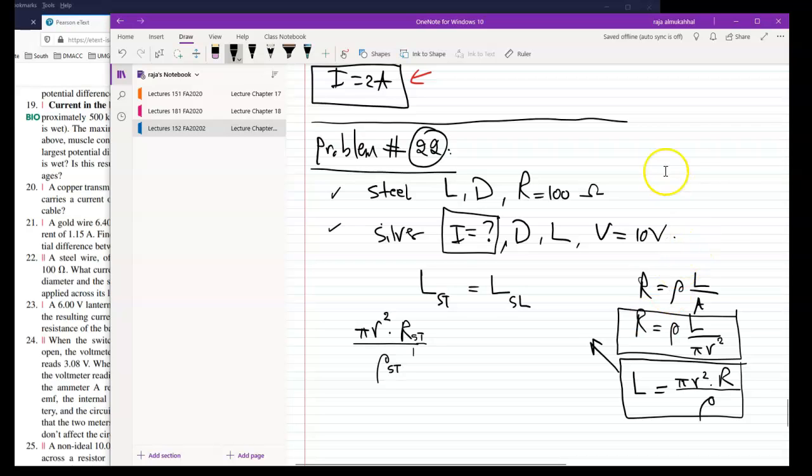Of course, he said the diameter is the same, so logically the radii will be the same, so I don't need to put any symbol underneath it. For silver, I'm going to do the same thing: pi r squared, the resistance for silver over rho, the resistivity for silver. So far, so good? Okay.